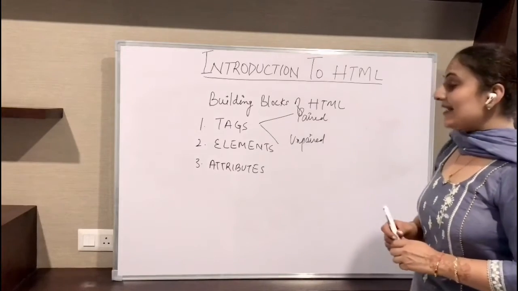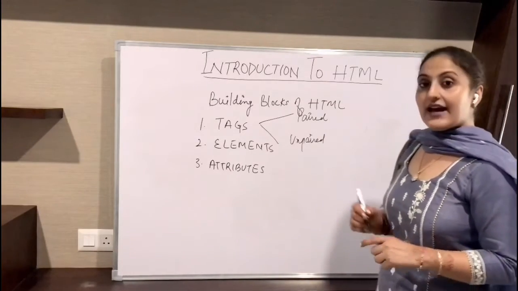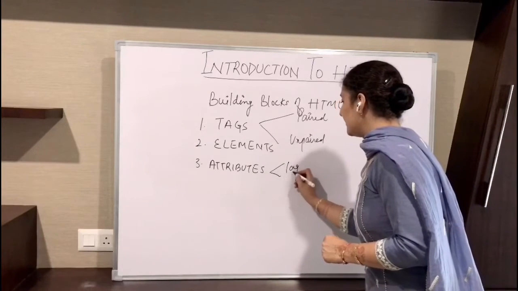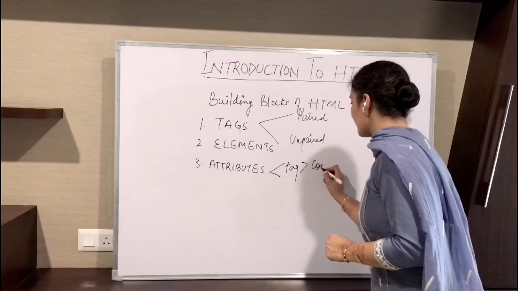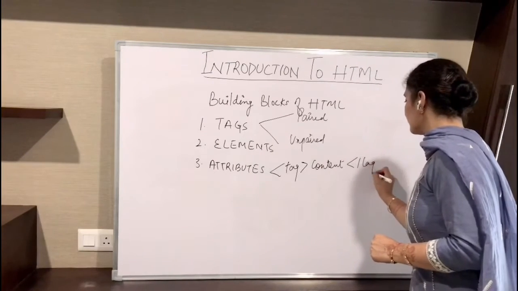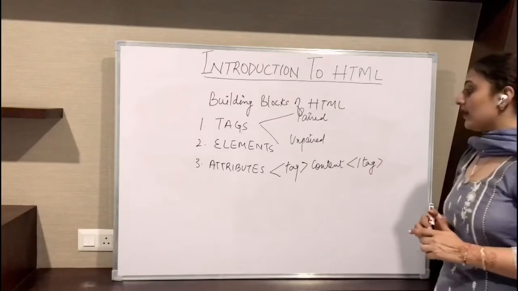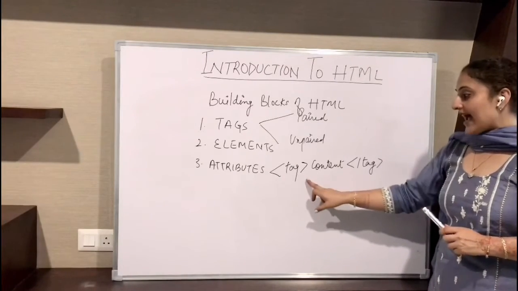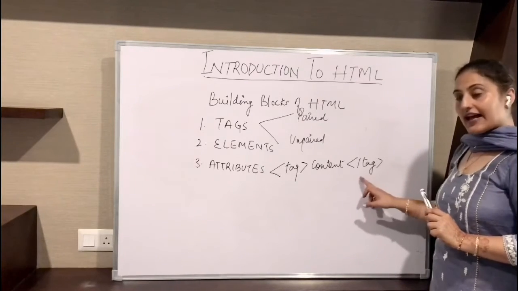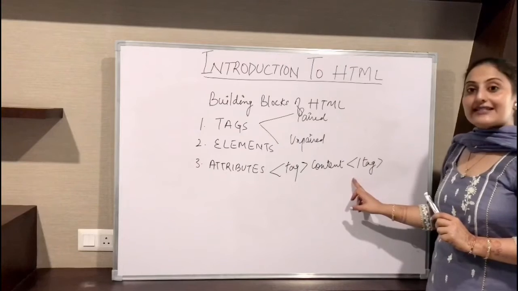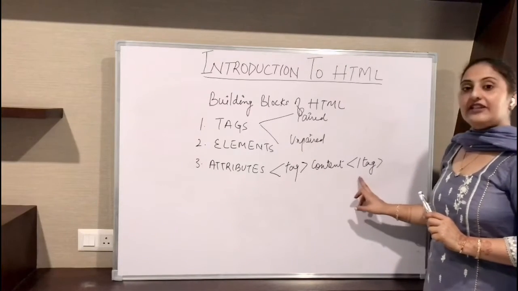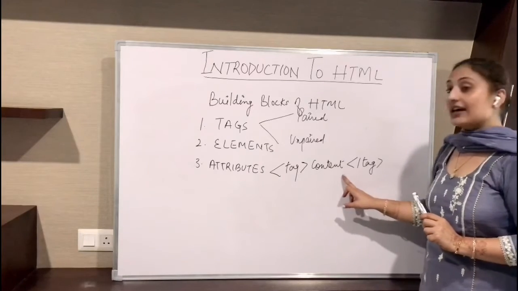Generally, tags are written with angular brackets. For example, this is the opening tag within the angular bracket and this is the closing tag within angular bracket and with a slash sign. Between the pair of these tags, we write the content.